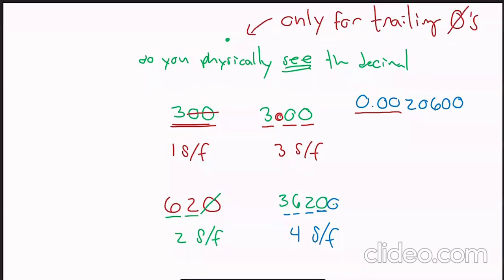It has nothing to do with leading zeros. So decimal point or no decimal point, we never have to include leading zeros. Do I have to include this 0? Well, yeah, because it's a captive 0. If I see the decimal place, then I have to include these trailing zeros. 1, 2, 3, 4, 5, 5 significant figures.